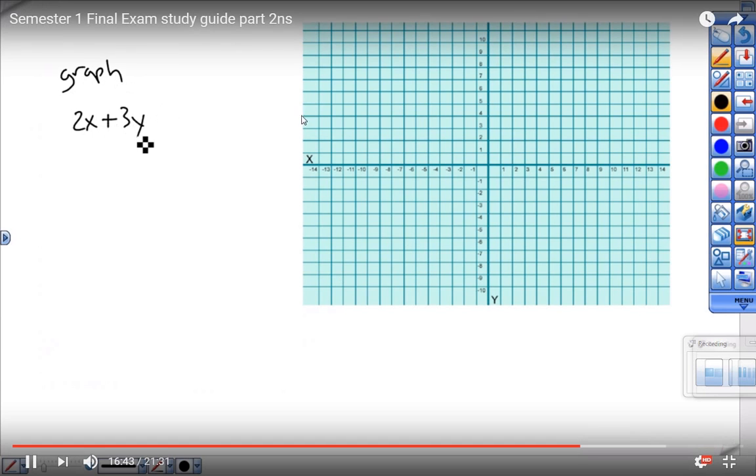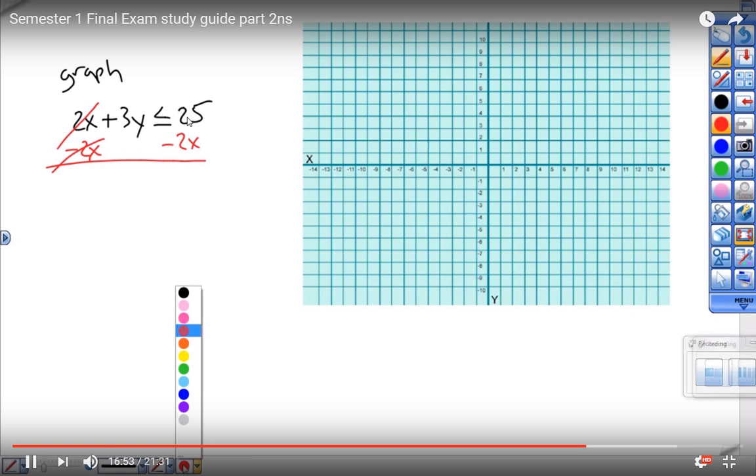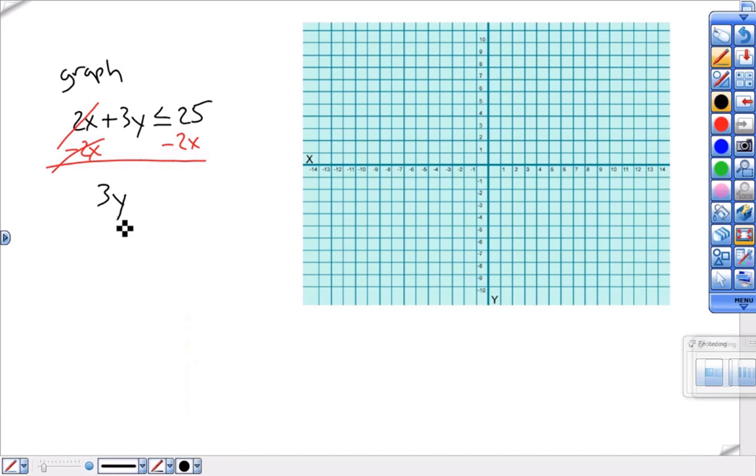So that inequality is $2 for every hot dog plus $3 for every hamburger less than or equal to 25 bucks. To solve that for y, take away 2x, and then I'm going to divide everything by 3. That will give me 3y equals negative 2x plus 25. When I divide by 3, that gives me y is less than or equal to negative 2/3 x plus 25/3.